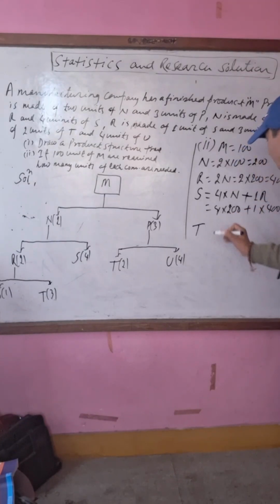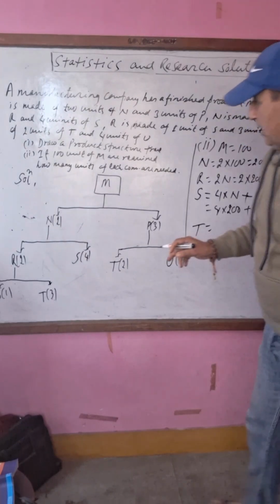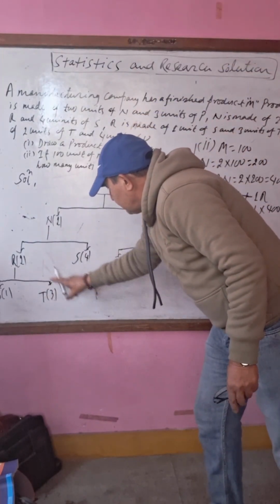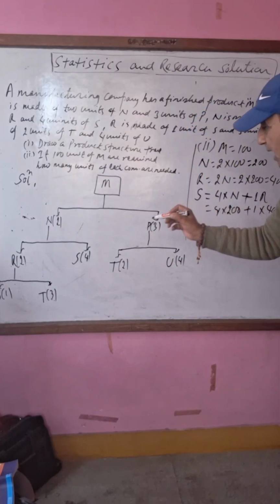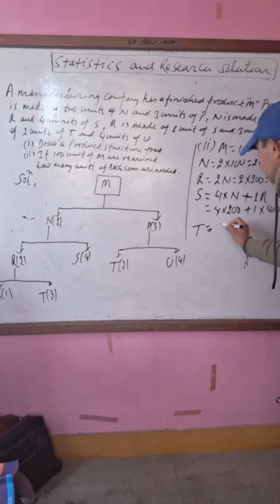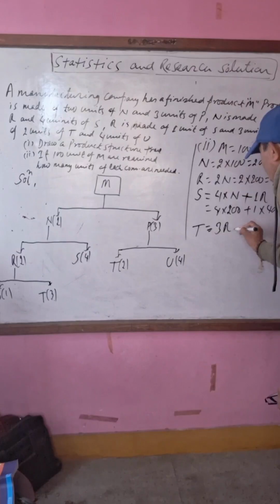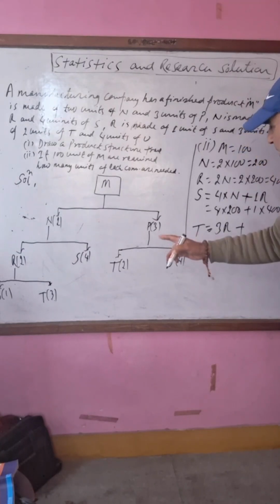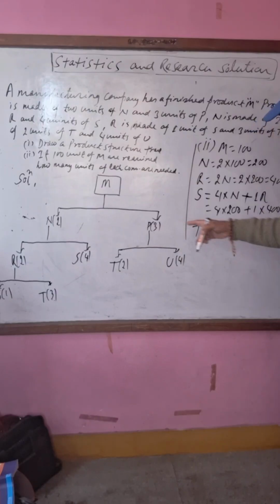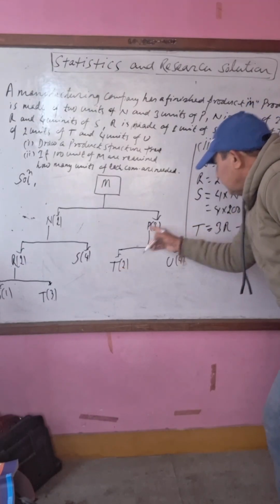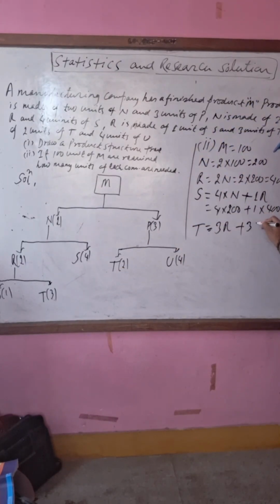Now T. T is also here and here. T is equal to 3R plus 3P.